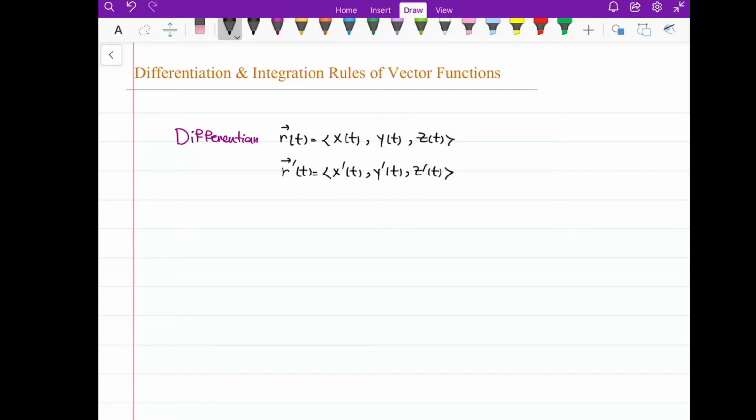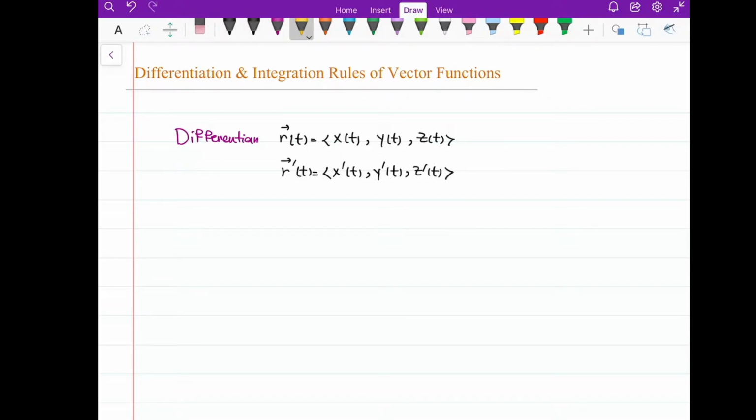A vector function with parameter t has just one parameter. That's why we can use the prime for that. And we said that the derivative is actually a vector, as you see, and this vector is tangent to the curve of this vector function.